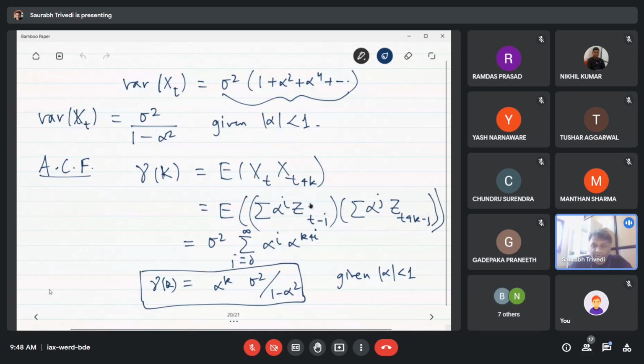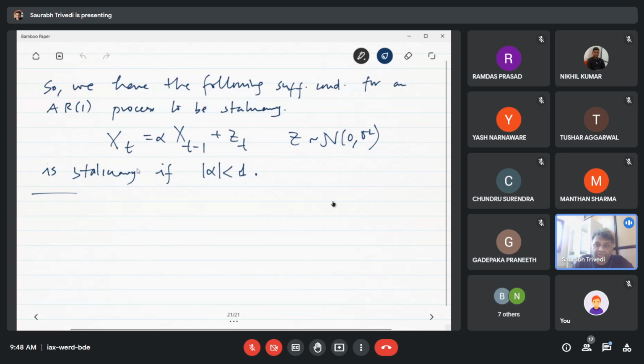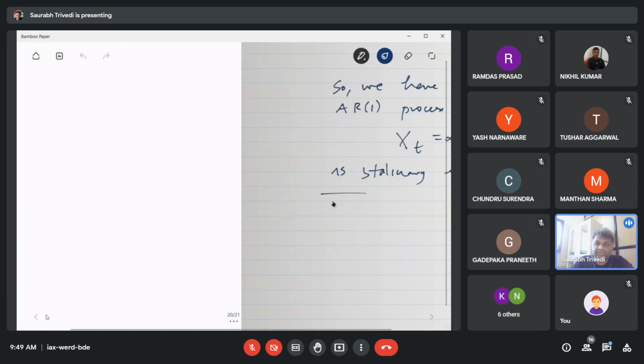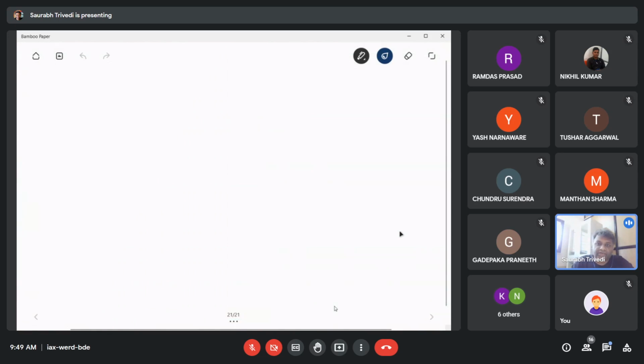So I will also give you the written notes, but I hope some of you are following this. But actually, suppose we already knew that a given AR process is stationary, then we can actually find the ACF. We don't have to really invert it. We can find the autocorrelation function directly.